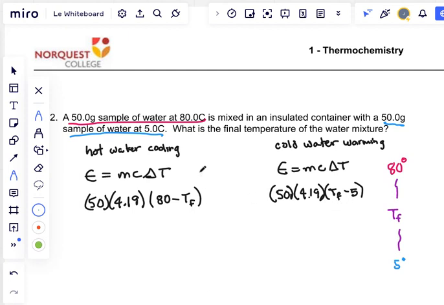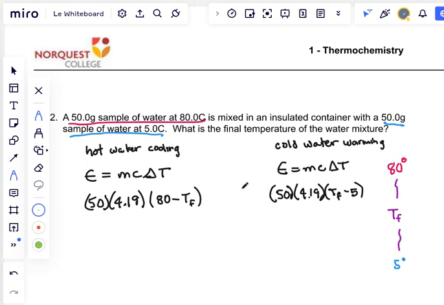Well, I want both delta T's to come out positive. And so to arrange that, I always went higher temperature minus lower temperature. So here, 80 minus TF, because I knew the TF is going to be like 40 or 50 degrees. It's going to be lower than 80, so this number will come out as a plus. And 40 or 50 minus 5 will also come out as a plus.